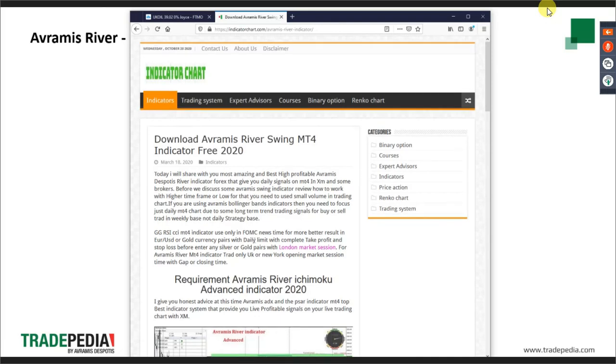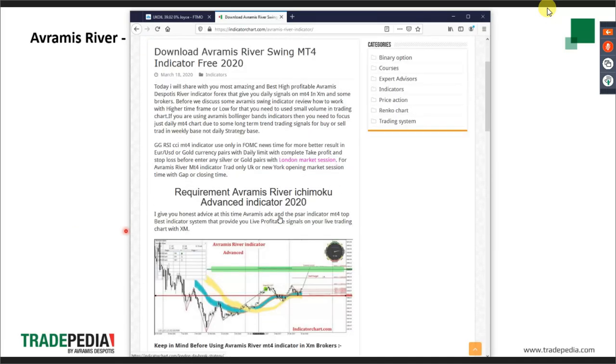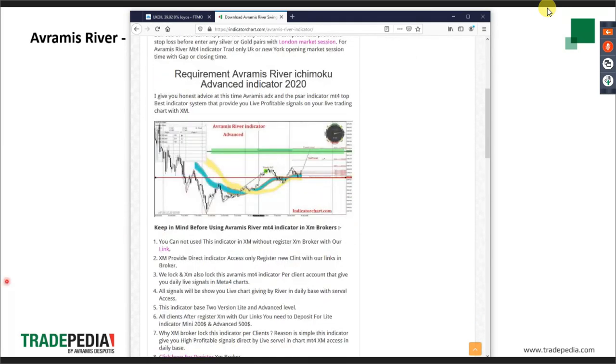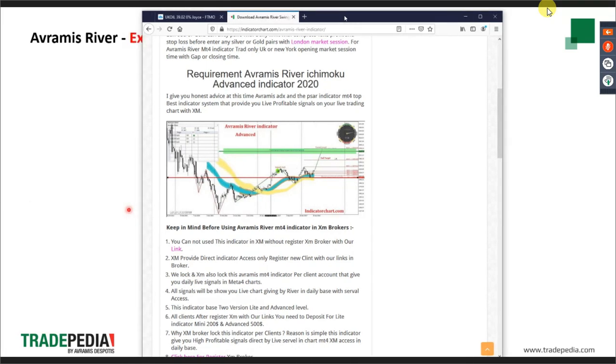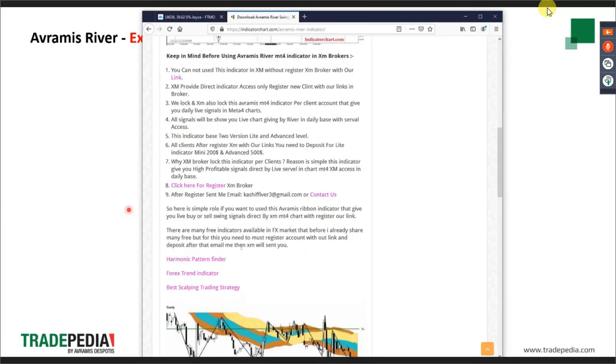So you can download it. In MT5 it's not stated here, but in MT4 this is how it looks like. I'm gonna check if you guys can see my screen. Okay, good. Ta-da! So you cannot use this indicator in XM without registering with our broker.